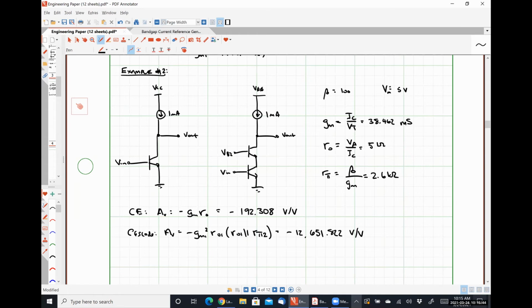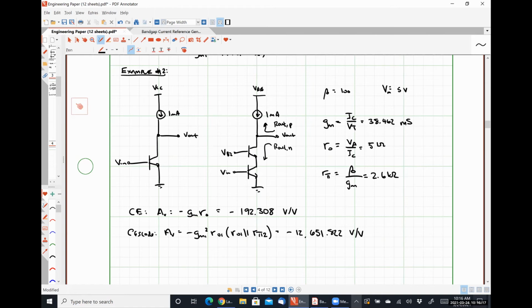So if we had a current source, I'm going to call this guy R out, comma N, because it's the NPN side, and this guy over here would be R out, comma P, where we're putting our PNP transistor. We will replace that 1 milliamp source with a PNP current source of some shape or form, right?